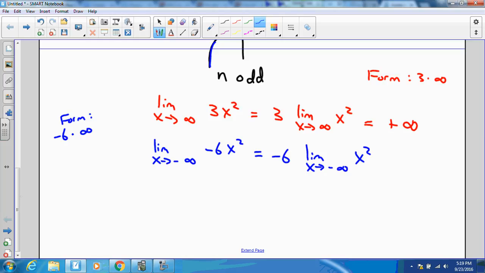What does this mean? This means I'm going to be getting very, very large numbers and multiplying them by negative 6 so that I get very, very large negative numbers. In other words, my limit here is going to be negative infinity because the negative coefficient changes the sign of the infinity. So this is how it works for monomials.